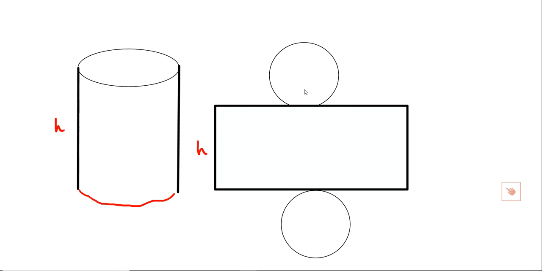Daniel? To find the top of the rectangle, the thing that's not height, it's the circumference of the circle. Yeah, so the edge of the circle. This edge of the rectangle, the length, has to wrap around this circle, doesn't it?